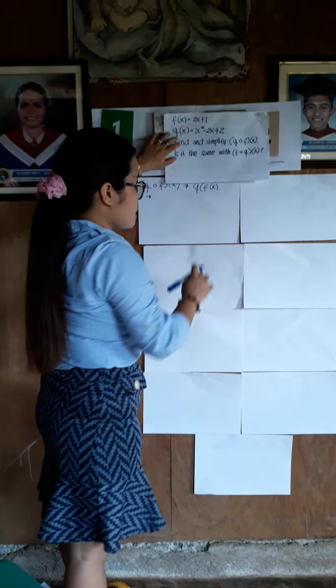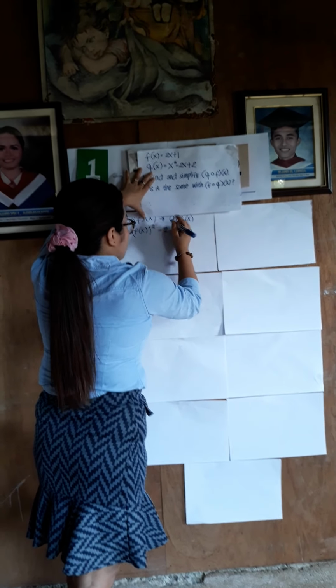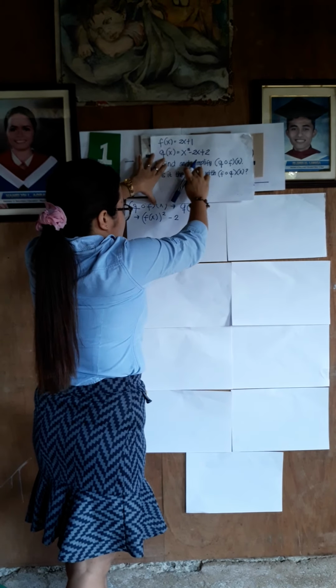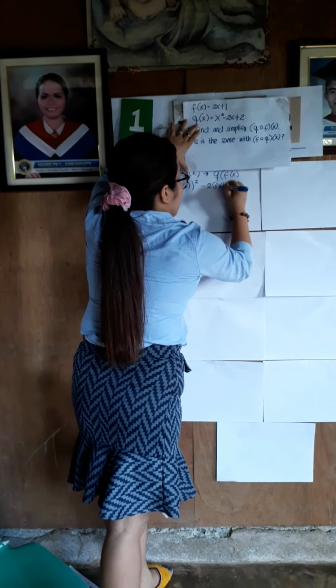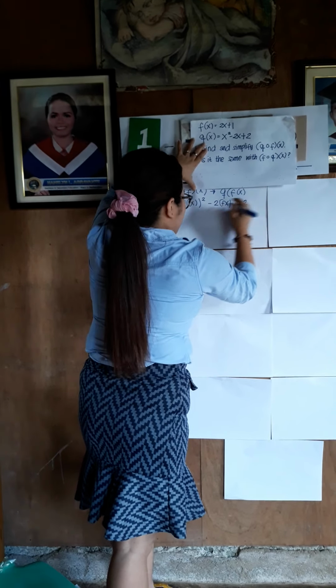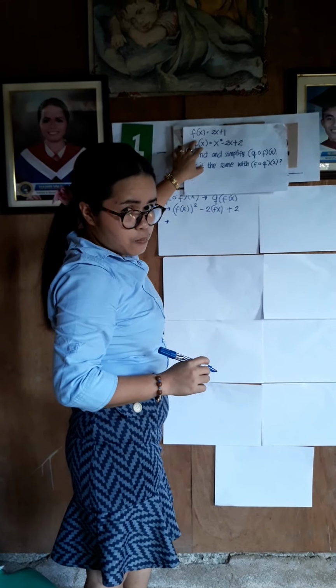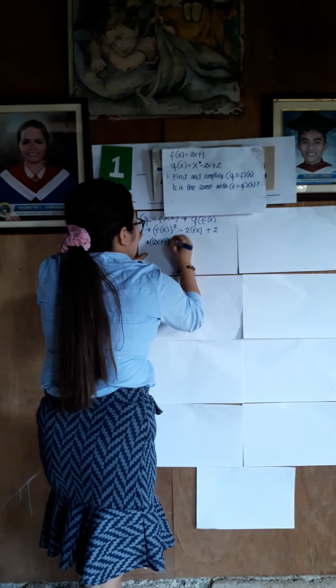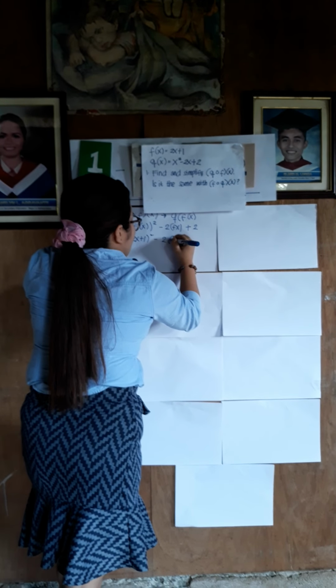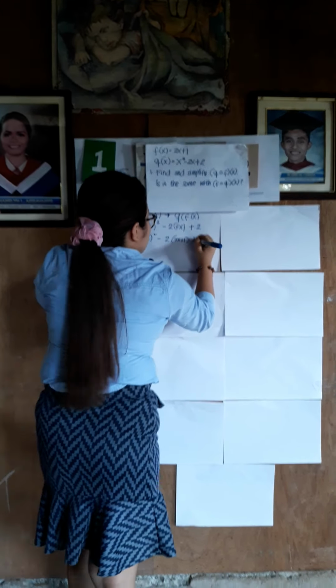So we substitute this x with the value of f of x, which is x plus 1. So this x squared will be substituted with the value of f of x squared, minus 2 times the value of f of x, plus 2. So now we can substitute the value of f of x here: x plus 1 squared minus 2 times x plus 1 plus 2.